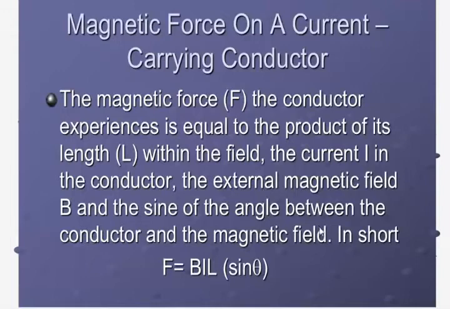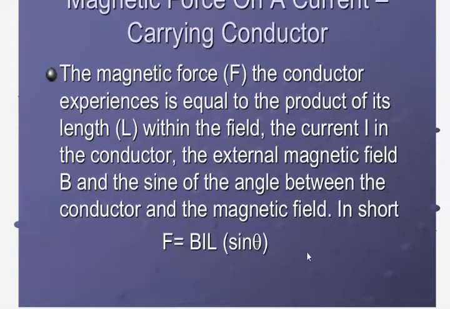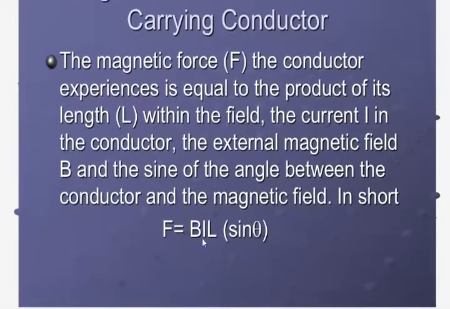So in short, the magnetic force will be equal to the product of the magnitude of the magnetic field, the amount of current flowing through the conductor, the length of the conductor lying in the magnetic field, and the sine of the angle between the current and magnetic field.